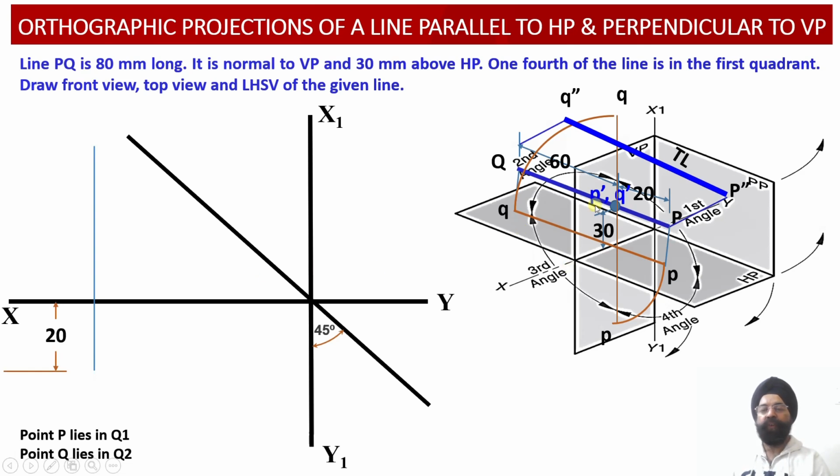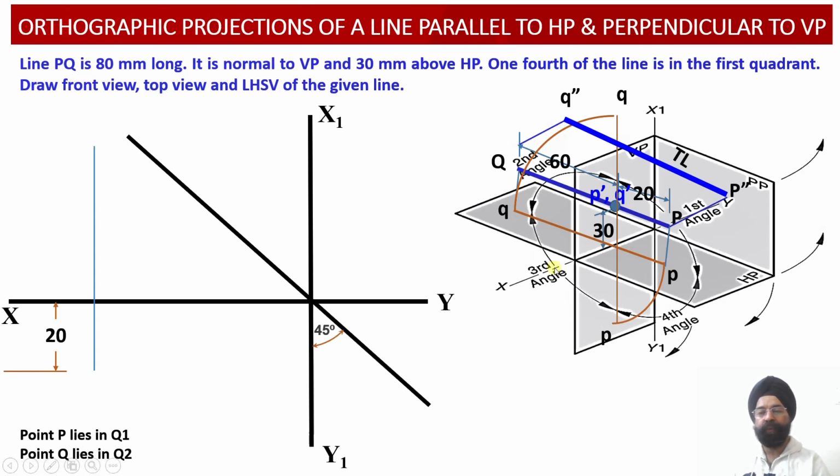Now let us first of all draw the true length projections of this particular line. So we know that since 1/4 of the line happens to lie in quadrant 1, this distance 20 millimeter, as you project it onto the horizontal plane, it will lie on the horizontal plane as point P over here.